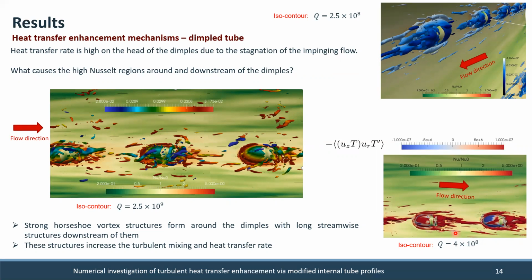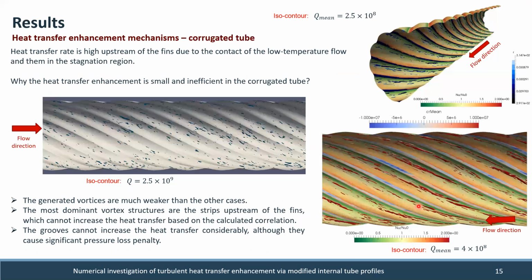So these structures increase the turbulent mixing and heat transfer rate, and that's why we have high Nusselt number in these regions.